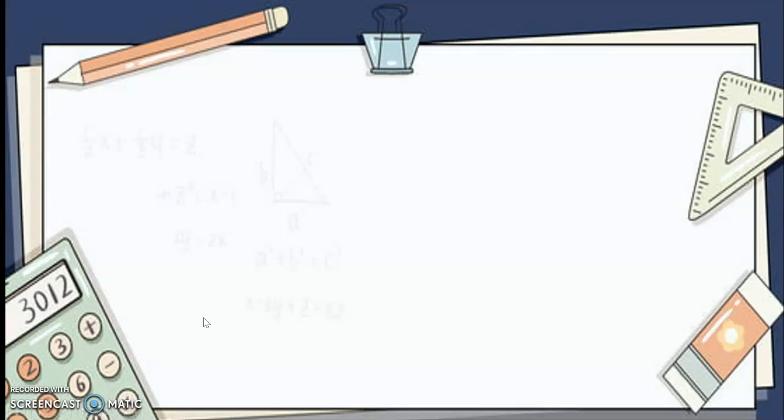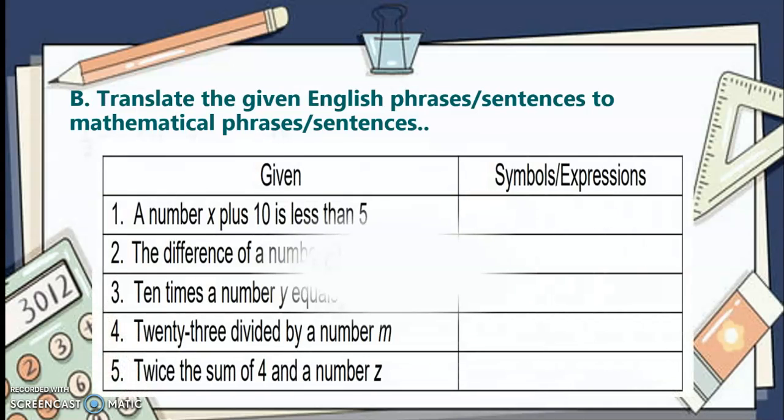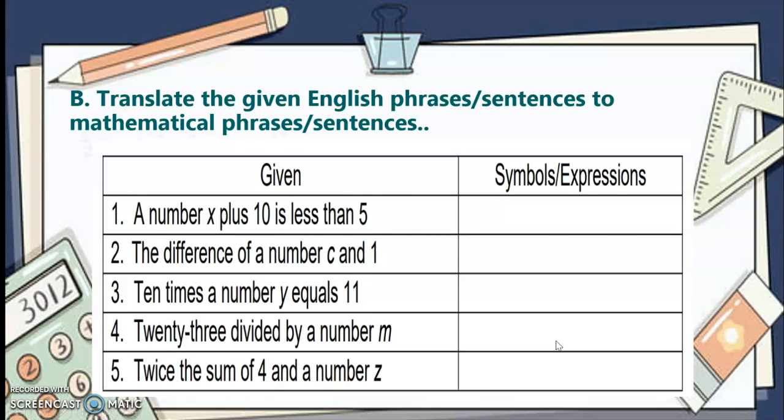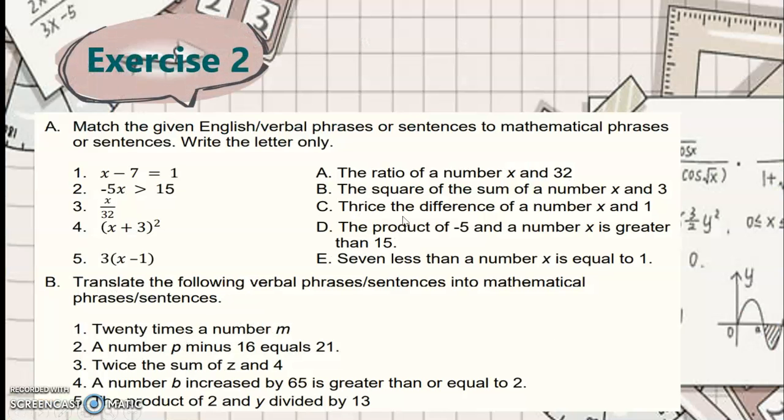Next, for letter B, translate the given English phrase or sentences to mathematical phrase. Diri naman, mathematical symbol naman. So, answer only gihapon. Okay? Next, for exercise 2. Match the given. Okay, so letter only. No need to write anything.